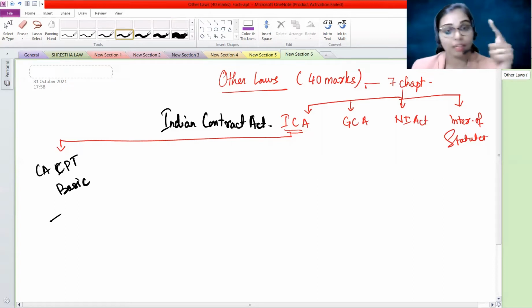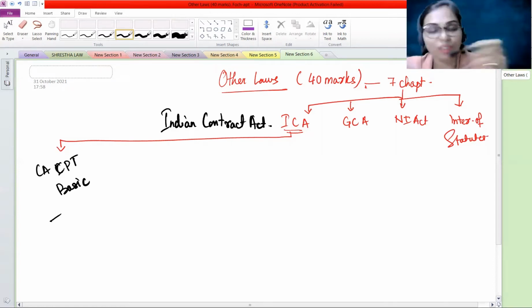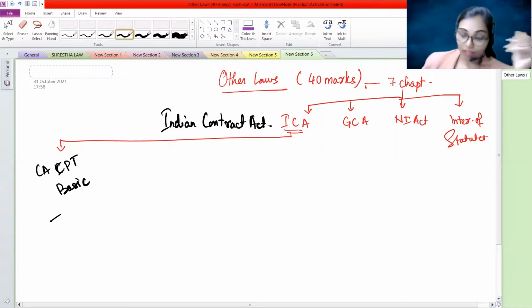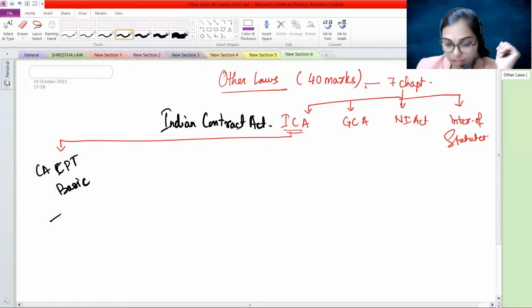Recalling things? Obviously in CPT you read it. Unless you pass CPT, you can't come into this particular level of CA. Now we are understanding this Indian Contract Act at the CA Inter level.